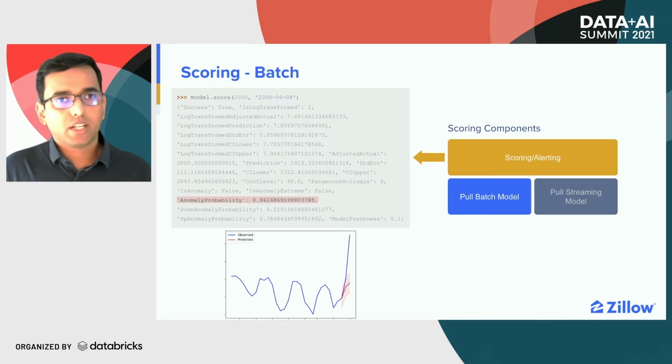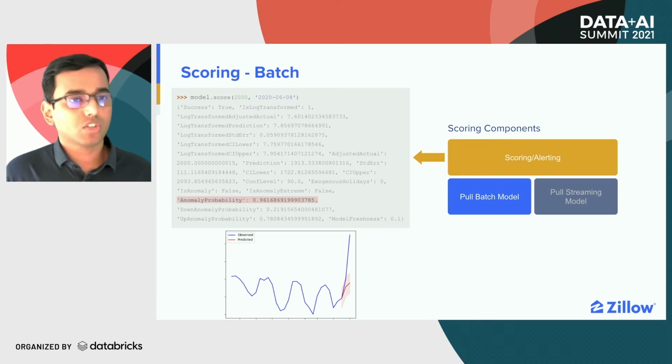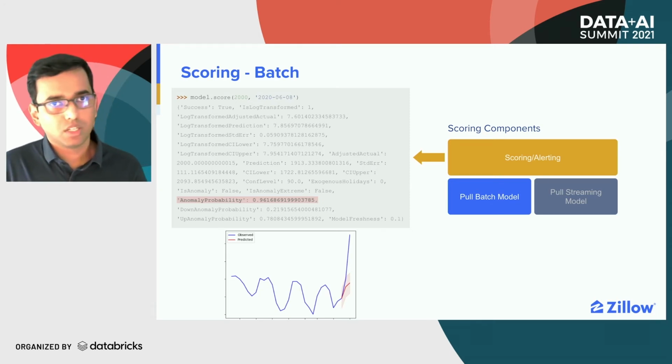At scoring time, Luminaire pulls the model object, and you can run the scoring function in order to score a given time point for the batch scenario. In this example, you can see we have scored for 2026-8, and we have passed a data point, and it has generated lots of information such as anomaly probabilities, confidence level, predictions, and so on.